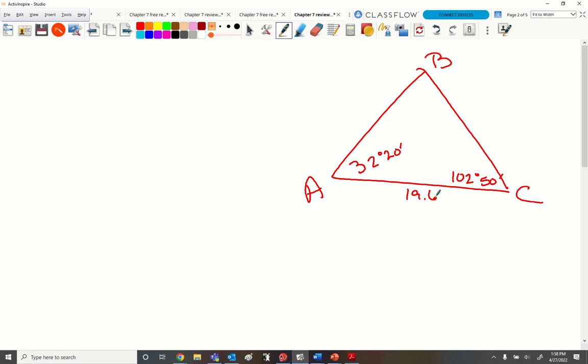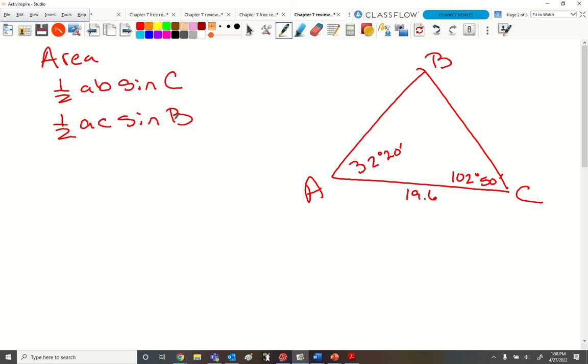So my area formulas are 1/2 AB sine C, 1/2 AC sine B, 1/2 BC sine of A. So on all these formulas, how many sides do I need? I need 2 of them, right? Do I have 2 of them? No. I don't have 2 of them yet, but I can get that.